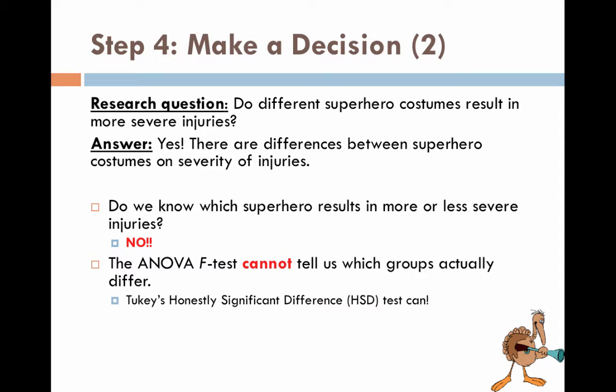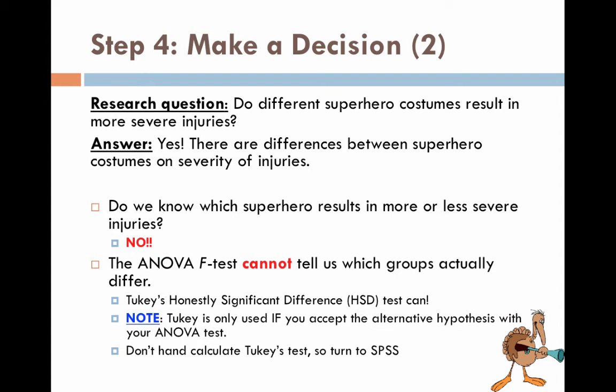What we need to do is look at Tukey's Honestly Significant Difference test, Tukey's HSD test, which is a type of post hoc analysis. Post hoc meaning after the fact. And so we only look at Tukey's test if you accept the alternative hypothesis and you reject the null.